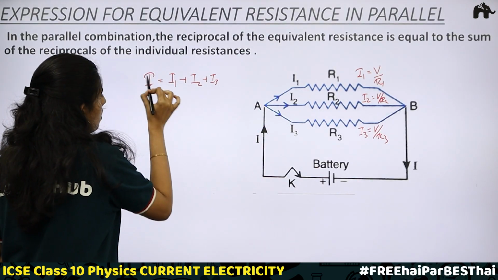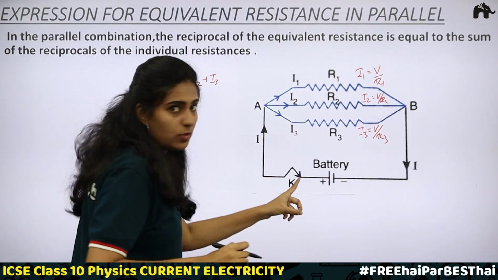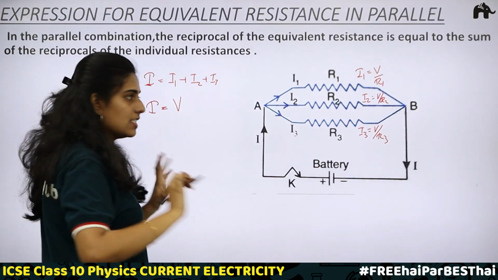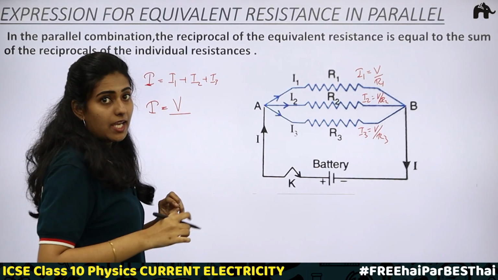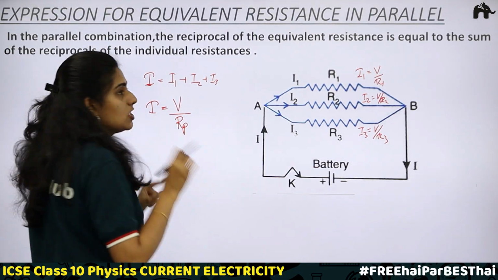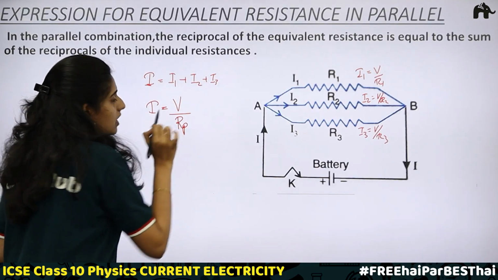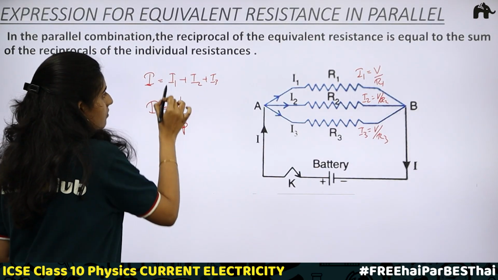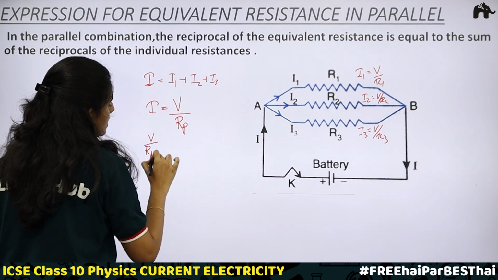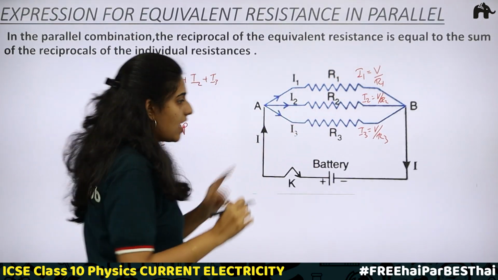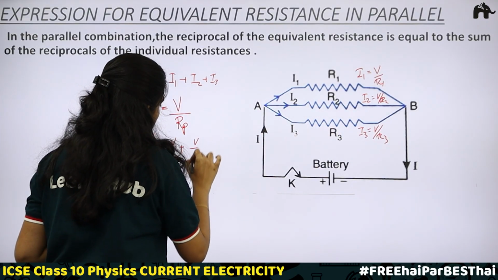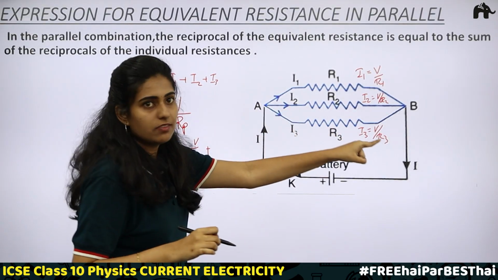Okay, now the total current I will be equal to the potential difference V, which is a constant in this case, divided by the equivalent resistance Rp. Okay, equivalent resistance in parallel combination is represented as Rp. So I will be equal to V divided by Rp. Okay, we have I1, I2 and I3 values. Now substituting, we get V by Rp is equal to I1 is V divided by R1, I2 is V by R2 and I3 is V divided by R3.